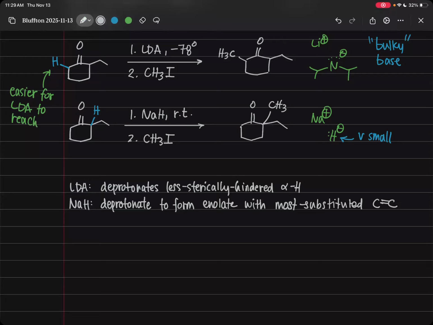That's the LDA example. Sodium hydride deprotonates to form the enolate with the most substituted CC double bond.